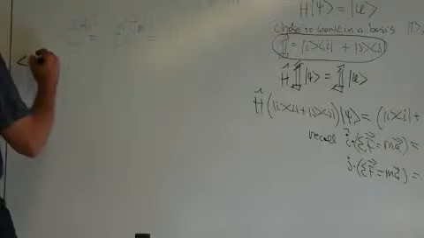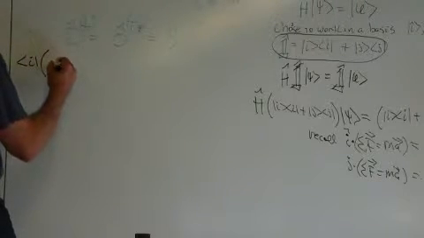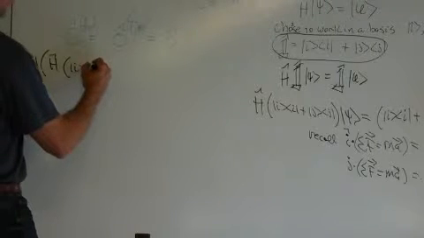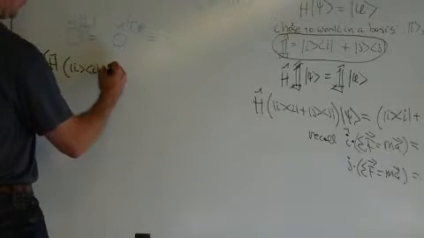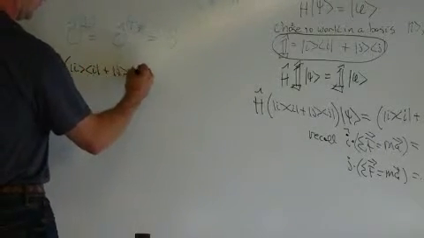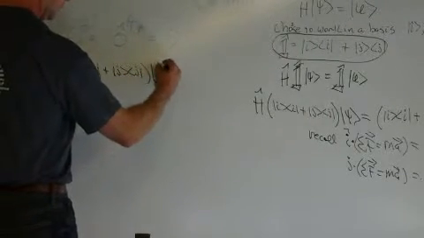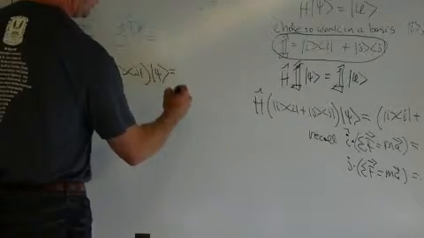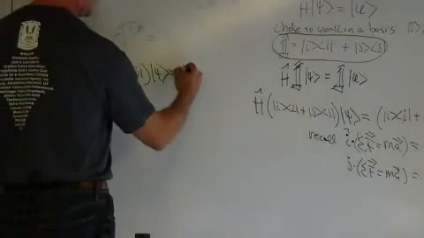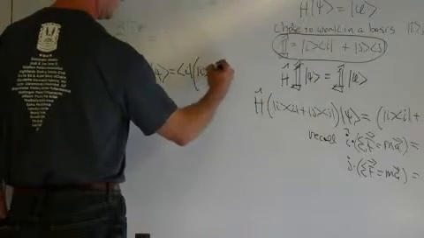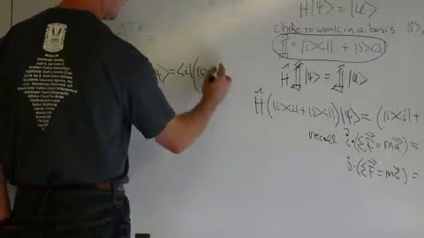I'm going to do I times this whole thing. Okay, so this is going to get messy, guys, but it's nothing hard. And the J. This is an abstraction, okay?